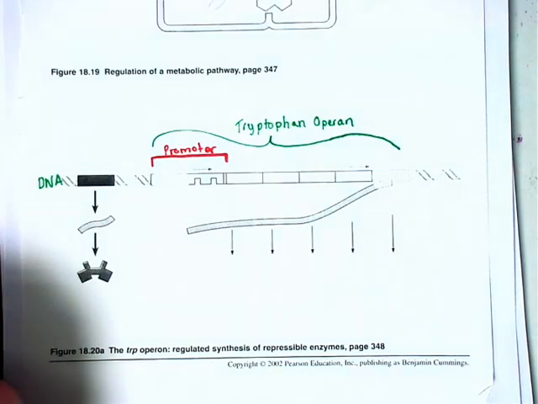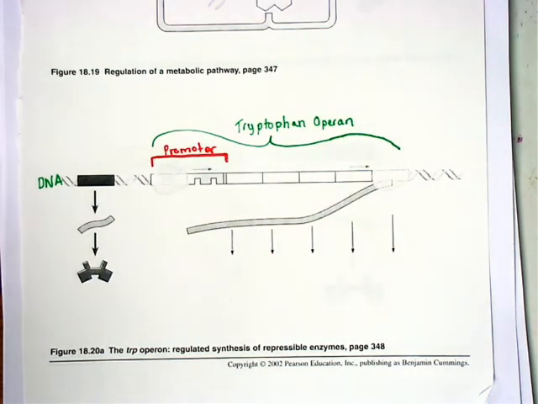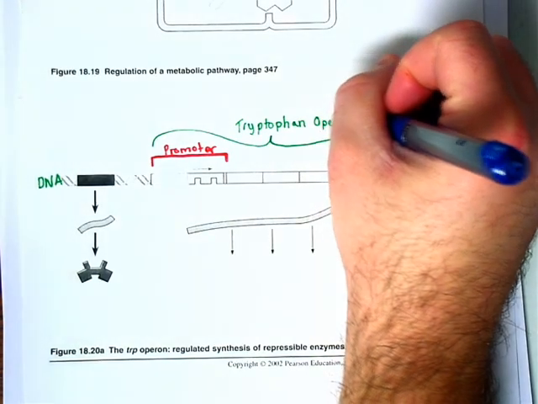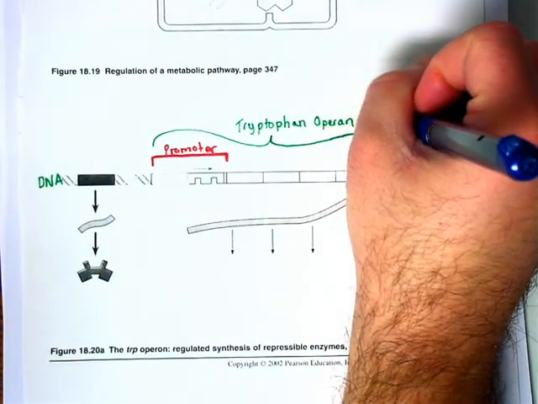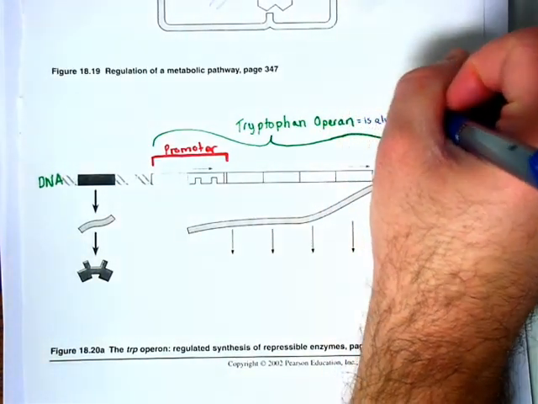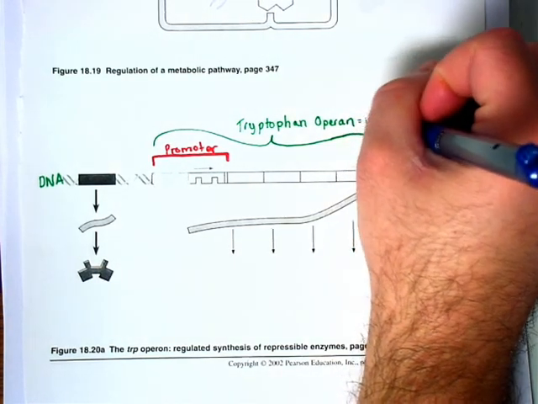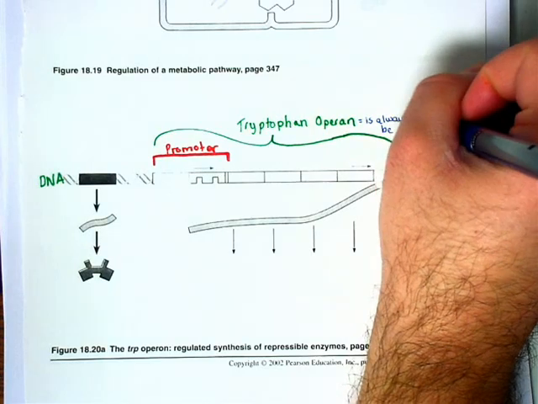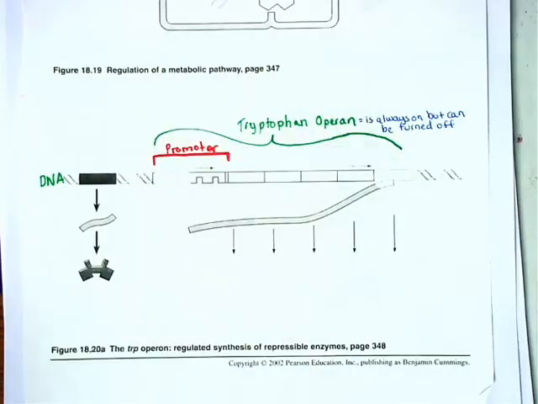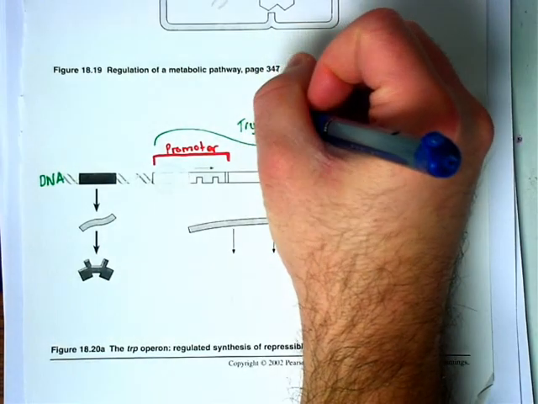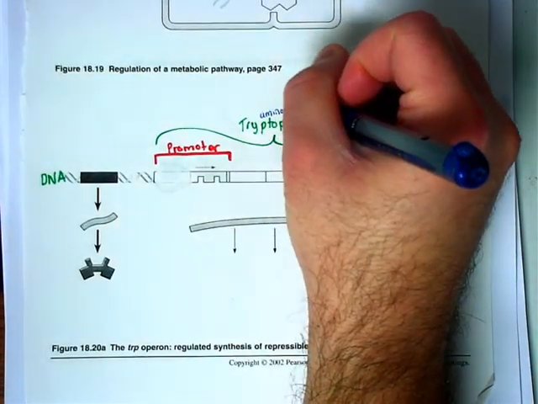Now a couple things to mention about bacteria is that for bacteria, their tryptophan operon is always on, but can be turned off. So tryptophan is an amino acid, one of 20.